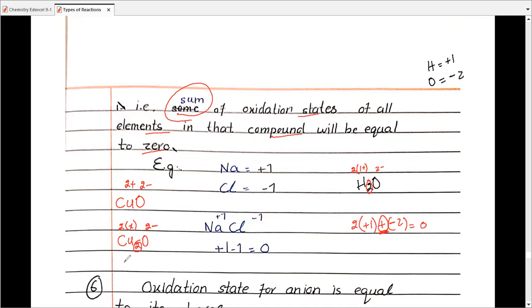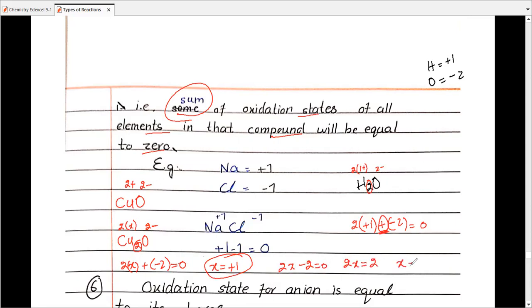Now we already know if we add this up, 2 into x plus -2, this is going to be equal to 0. Solve it, you'll get the answer of x equal to +1. Solve it mathematically, you'll get this answer. How? Let me solve it for you. It is going to be 2x minus 2 is equal to 0. It is going to be 2x is equal to 2.